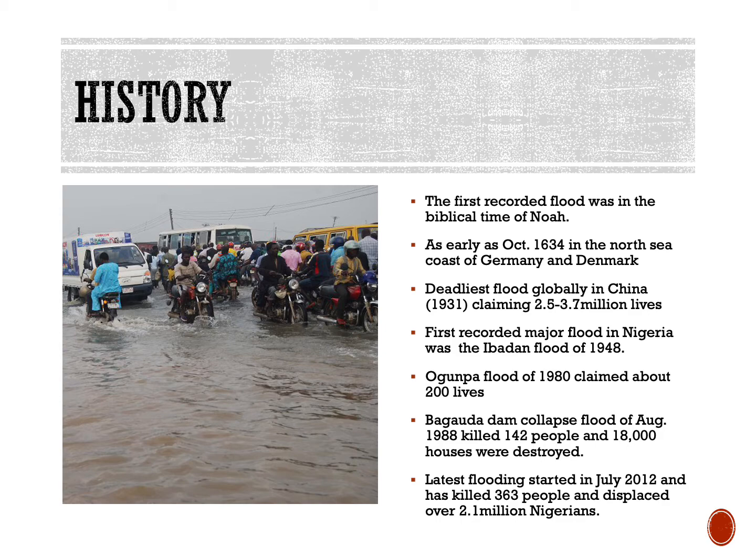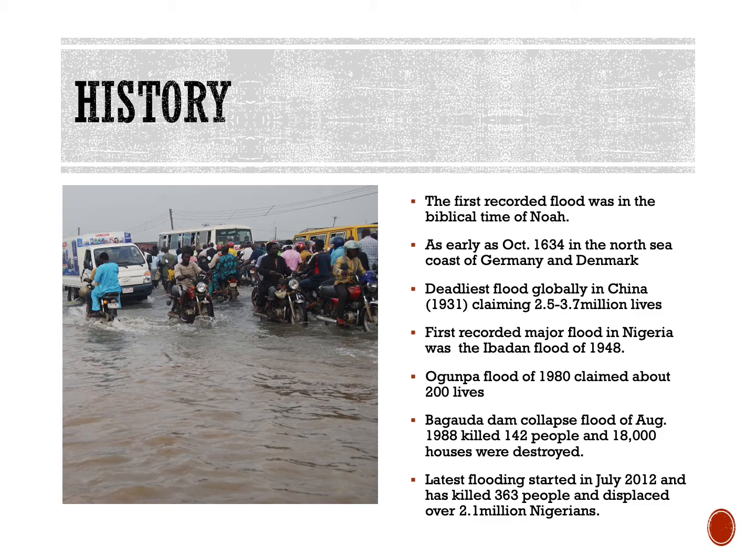But then we have had flooding that claimed a lot of lives, like the Gumpa flooding of 1980 that claimed 200 lives. The current flooding that happened in 2013, it actually began in July 2022 and had killed about 363 people and displaced 2.1 million Nigerians.